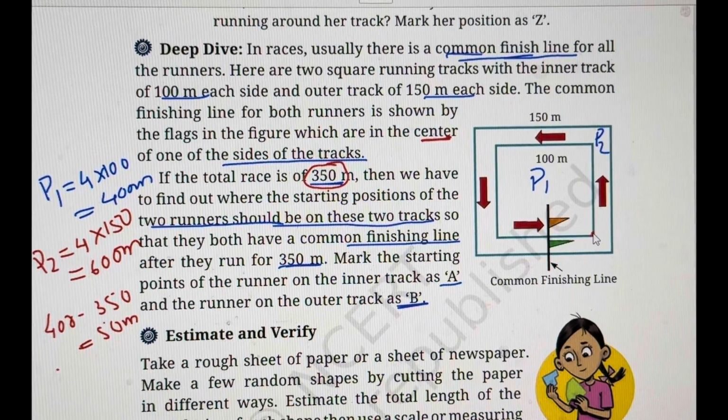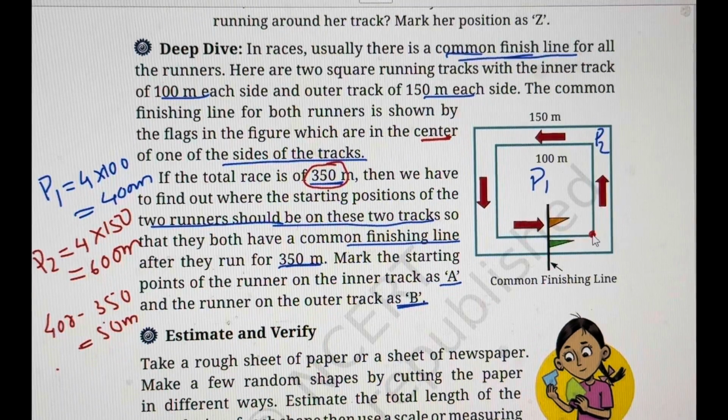So if we subtract 50, for the inner track we mark this point as A, right? So if this is the starting position for the smaller square, this is 100 plus 100 plus 100 plus 50. So the person will cover exactly 350 meters, right? So this will be the starting point for the smaller square, right?